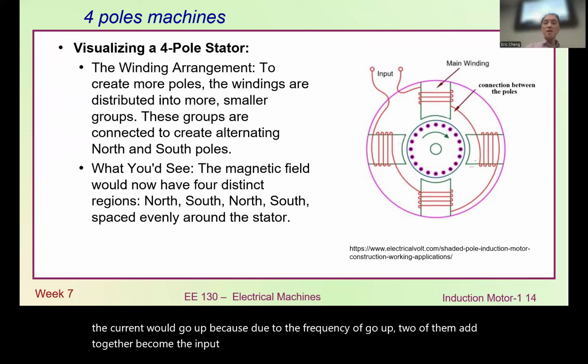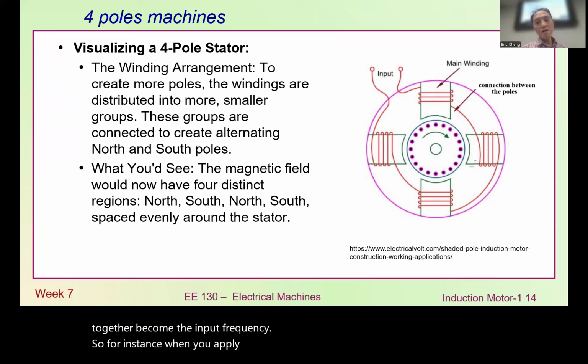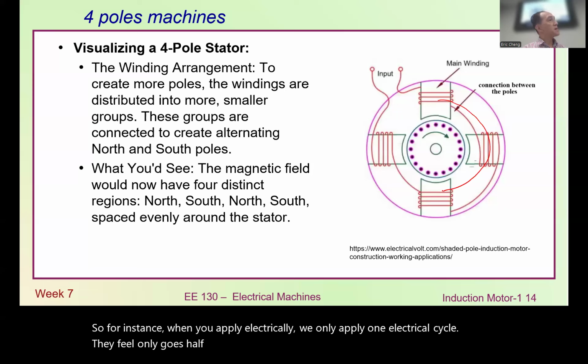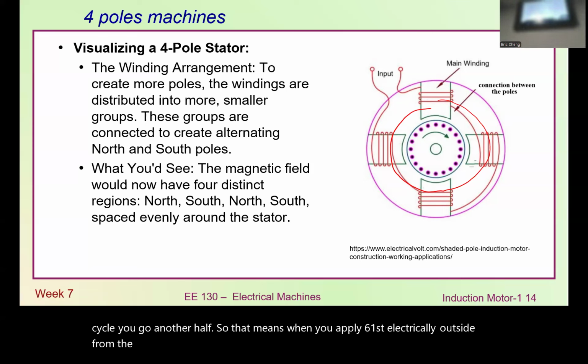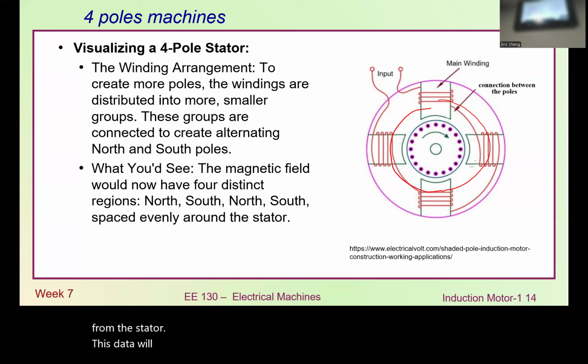So for instance, when we apply one electrical cycle, the field only goes half because it is a 4-pole machine. When you apply another cycle, you go another half. So that means when you apply 60 hertz electrically from the stator, the field will experience about half of the frequency, slowed down by this arrangement.